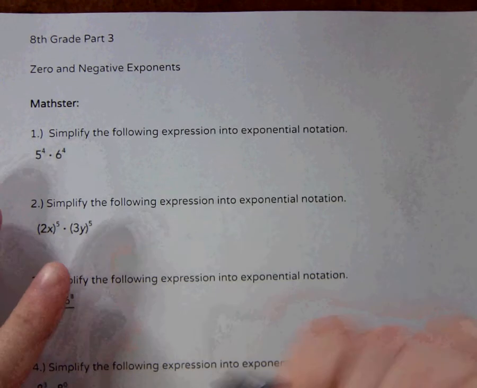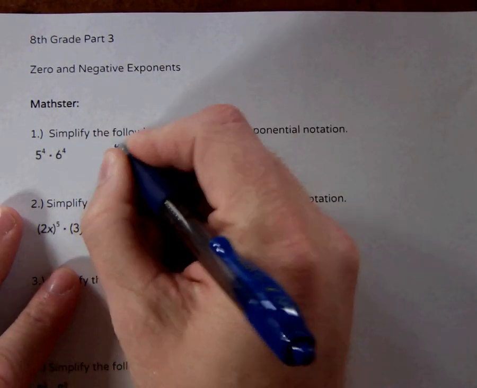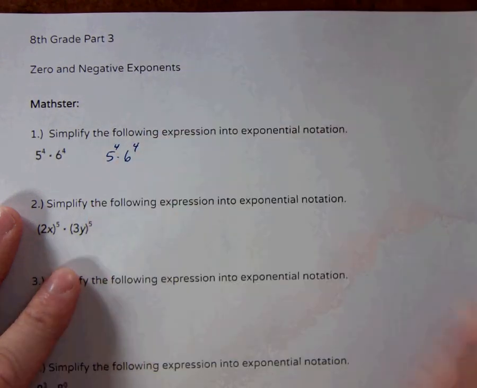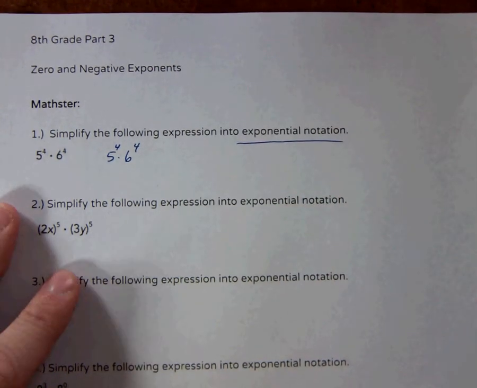So for this first example, if I have 5 to the fourth power times 6 to the fourth power, and I want to simplify that down to exponential notation with one base, one exponent, you might notice that the bases are different, but the exponents are the same, and that's nice.